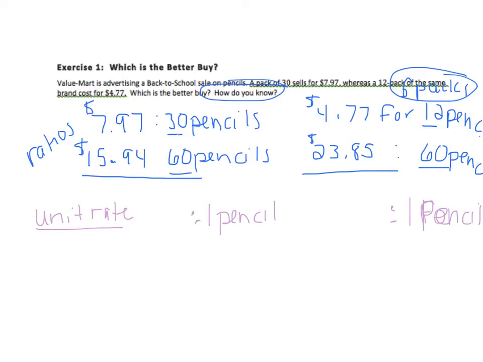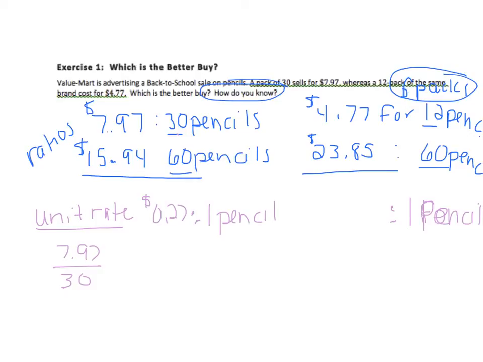So we could do that division, and it is approximately 27 cents. So again, how I did that, I just divided $7.97 by 30 and came up with approximately 27 cents per one pencil.